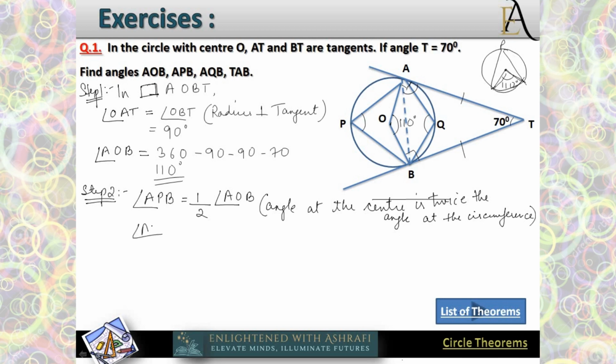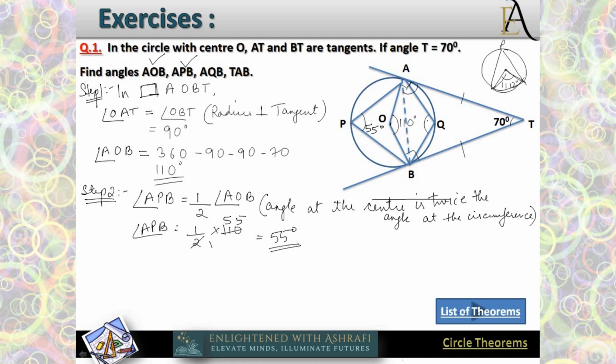So angle APB is equal to 1 upon 2 multiplied by 110. 1 twos are 2, 5 twos are 10. So we get 55 degrees. So we got angle AOB, we got angle APB, that is 55 degrees.